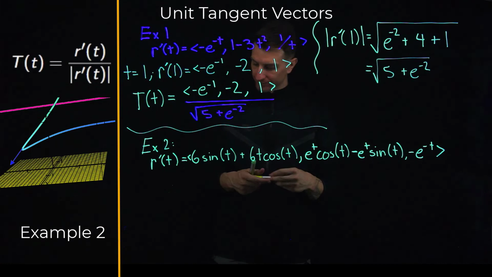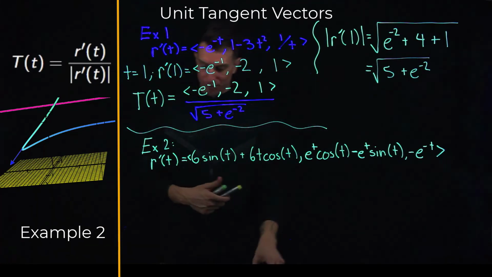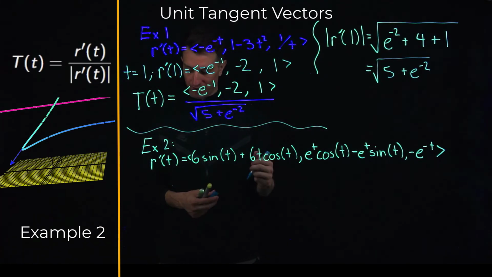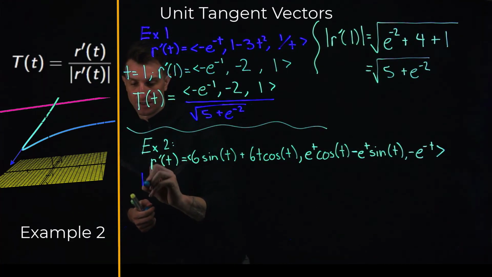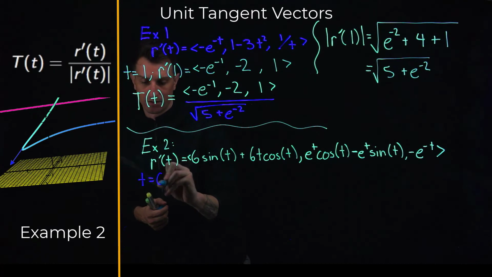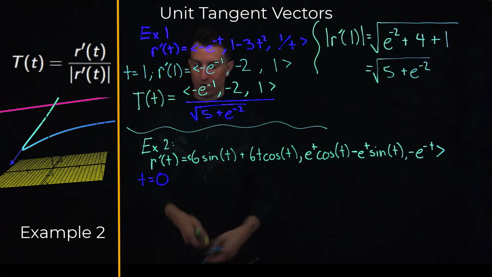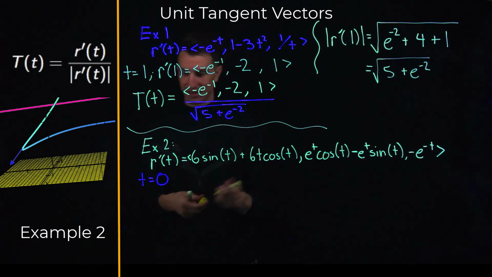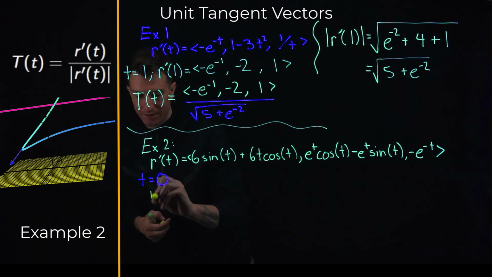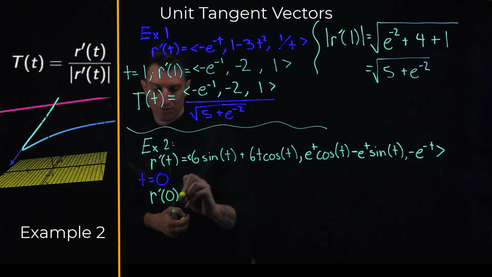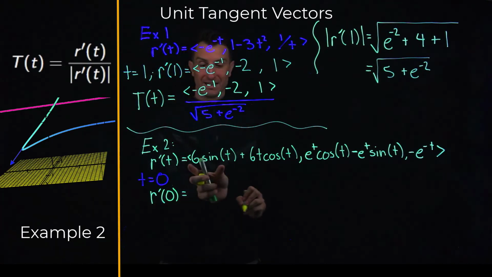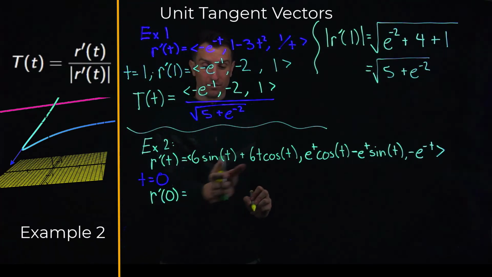Okay? And now let's say we want to apply it at a specific function. So let's say t is equal to 0. We'll make it a nice and easy one. What do we end up with? Well, this actually ends up being pretty nice, right? So we have r prime applied at 0 is equal to, well, 6 sine of 0, going to be 0.